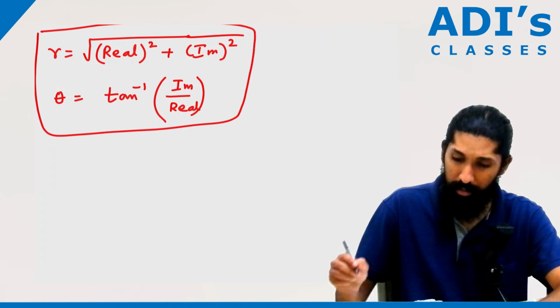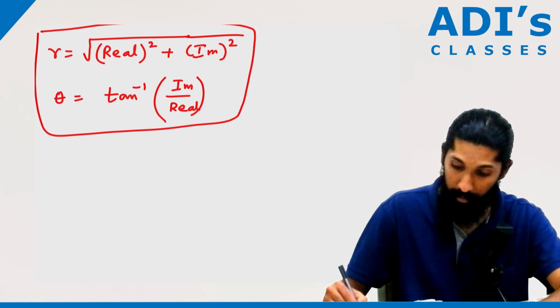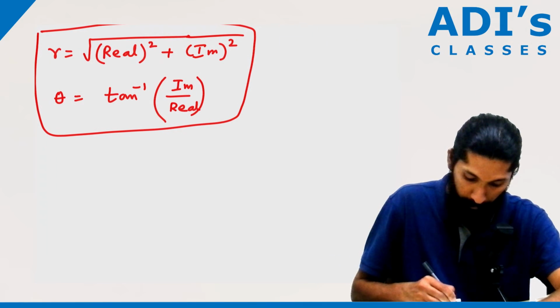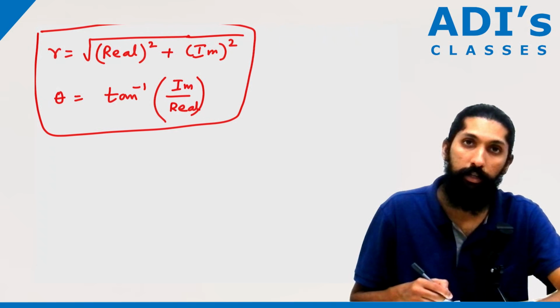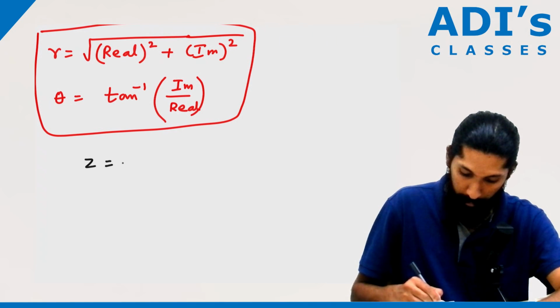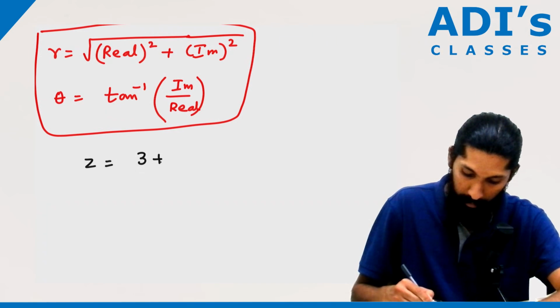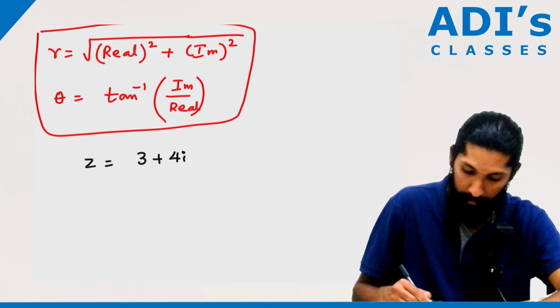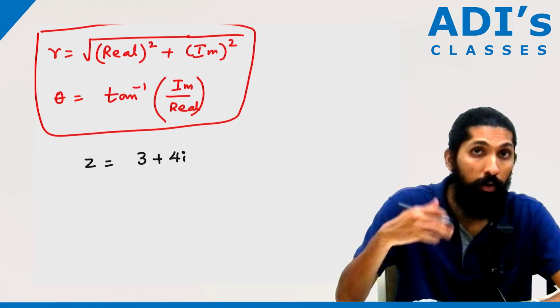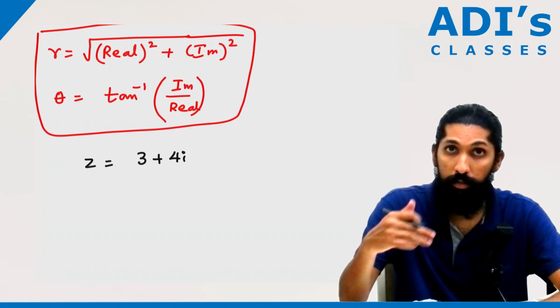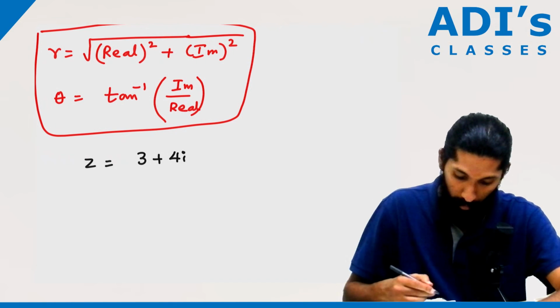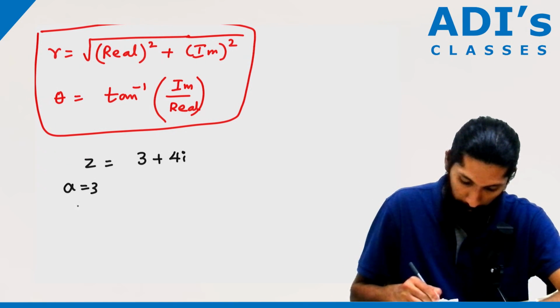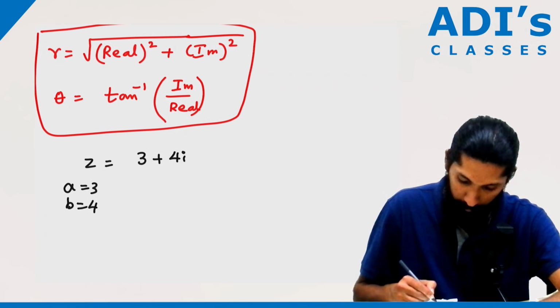So let's do one simple example problem. It's going to make things much easier for you. Suppose I tell you that z is equal to, say, 3 plus 4i. Convert this into polar form. So first, the a value is 3, the b value is 4.